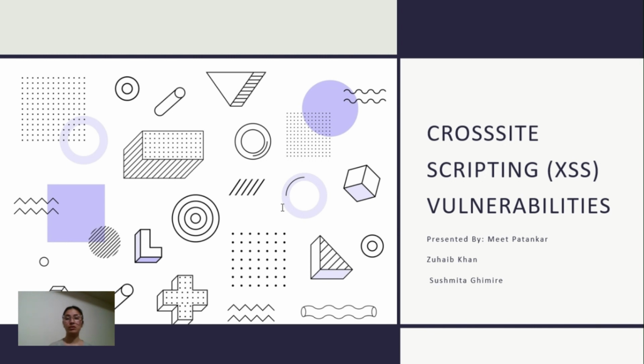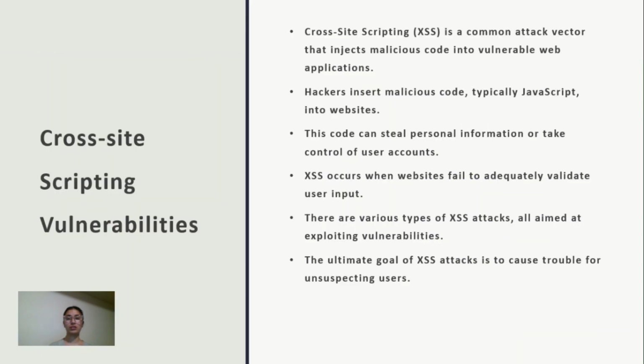Today, we are going to present on cross-site scripting vulnerabilities in web applications and their profound impact on web security. Now let's talk about what the cross-site scripting vulnerability means. Cross-site scripting is a common attack vector that injects malicious code into vulnerable web applications.